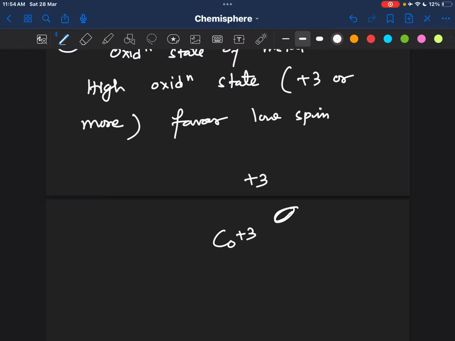The ligands, in this case I'm representing them like this. So these are going to interact with Co+3 a lot more. Okay, and because of that they will produce a strong ligand field, because they will come very close to the central metal atom. Because of the higher electrostatic interaction, they will cause a very high ligand field.